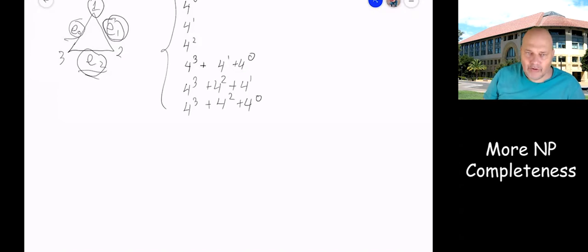And what's the target? The target is going to be k. I didn't specify k. So k times 4 to the 3 plus twice every edge number: plus twice 4 to the 2 plus twice 4 to the 1 plus twice 4 to the 0.